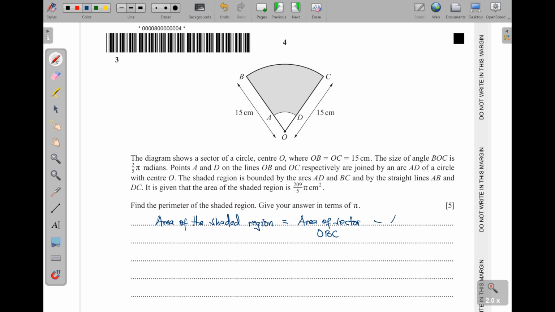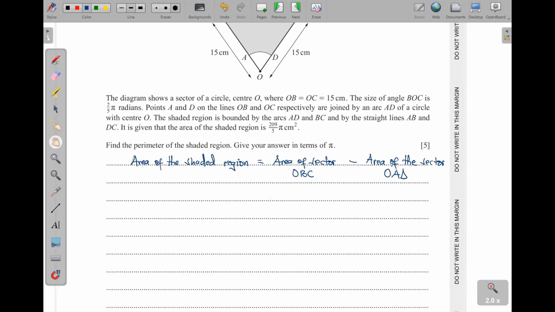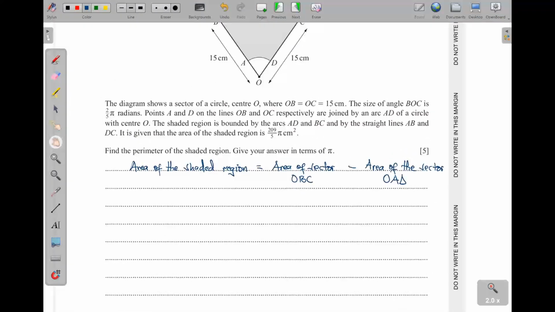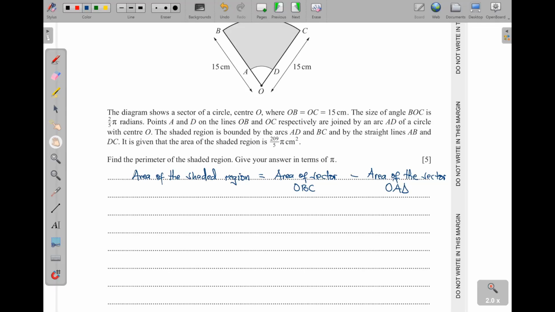Then we subtract area of the small sector, the unshaded one, area of the sector, OAD. Now, the shaded area is given as 209 over 5 of pi.